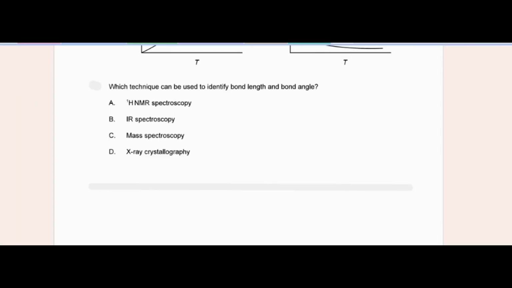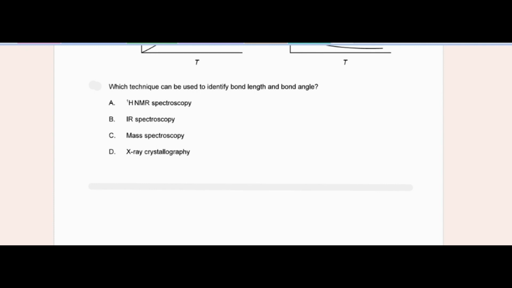Which technique can be used to identify bond length and bond angle? H NMR spectroscopy. No, that's about hydrogen environments. IR spectroscopy. That's all about functional groups. Mass spectroscopy. That's the molecular ion peak.